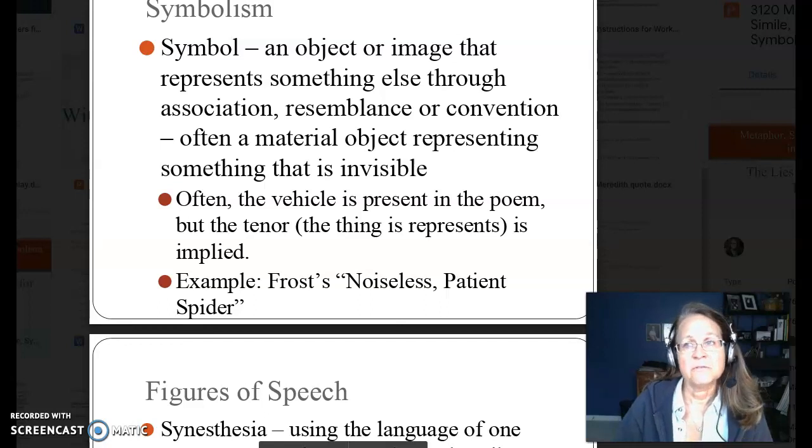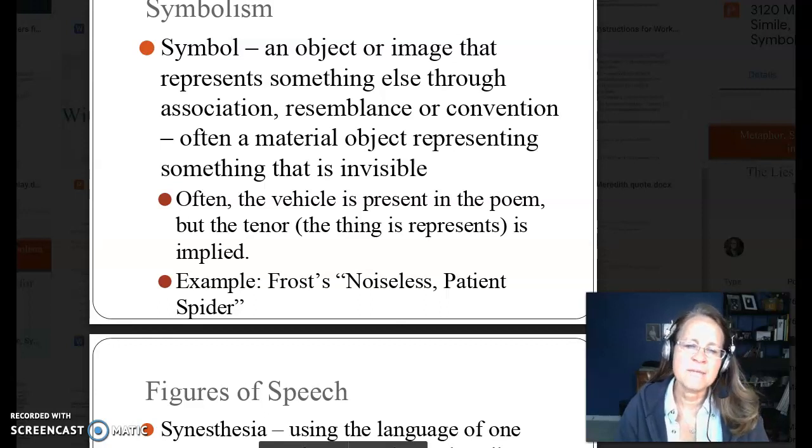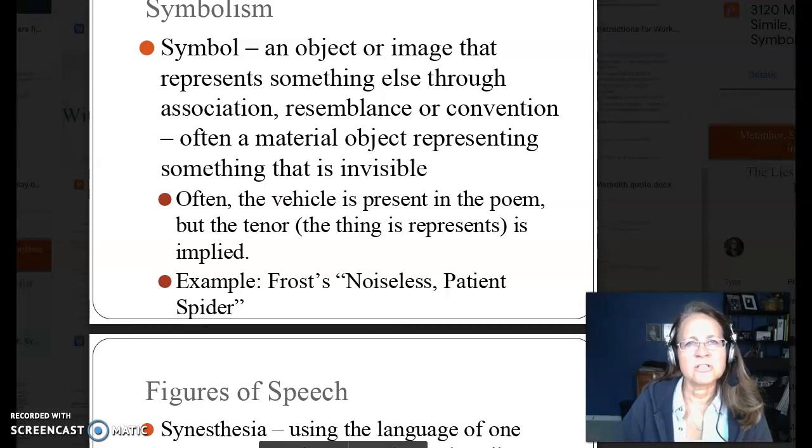So for example, from the novel The Scarlet Letter, that fabric letter stitched to Hester Prynne's dress is something tactile, physical, perceivable, but it represents her sin, it represents her shame, and that is something more ideological and abstract. Shame itself is invisible, but we can understand it and we can feel it. So the symbol is used to draw our attention to this abstract or invisible quality.